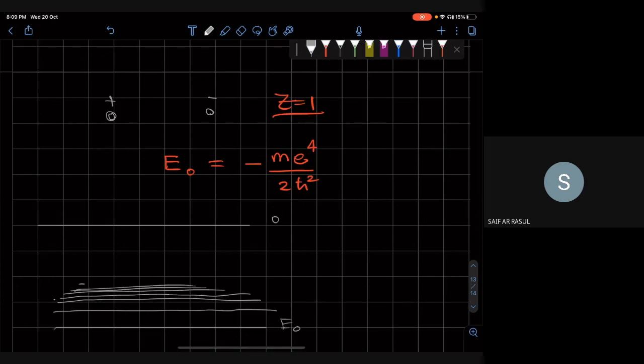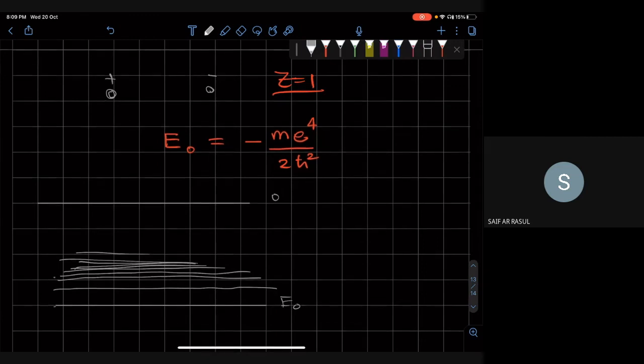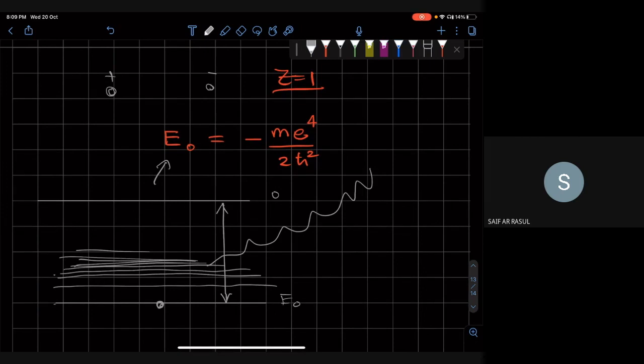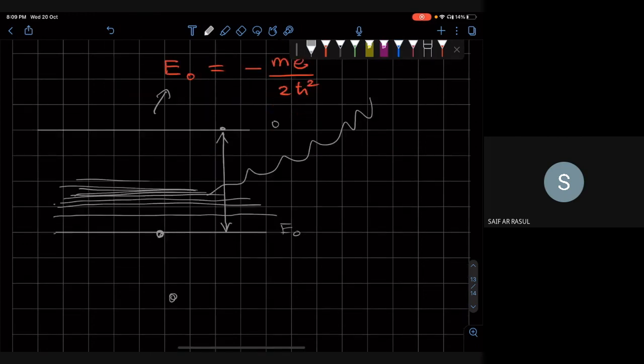So the differences between them. Suppose the electron is here, and you give it a photon whose energy is exactly given by the modulus of this. What will happen is that this electron will jump and become free, okay? And then the proton and the electron would form a free system.